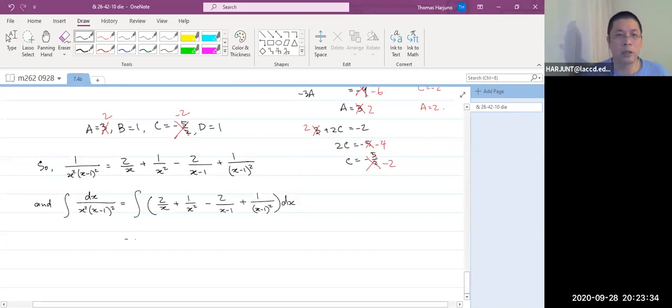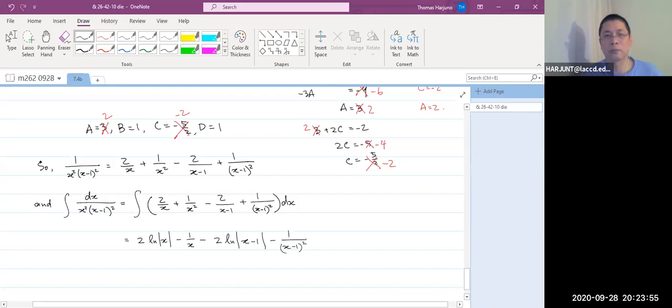Which will be 2 natural log of the absolute value of x, minus 1 over x, minus 2 natural log of absolute value of x minus 1, minus 1 over x minus 1.